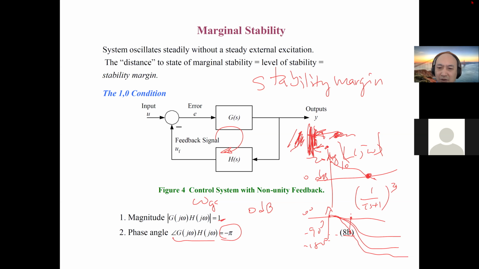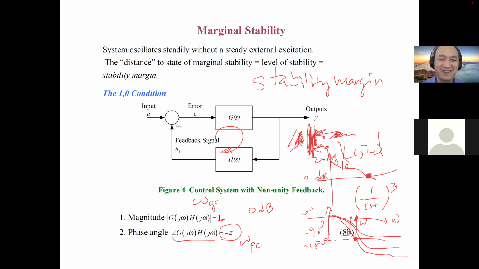So then you are going to cross the minus 180 degrees. Then you have omega in here. So this is omega, and that omega is called phase crossover.